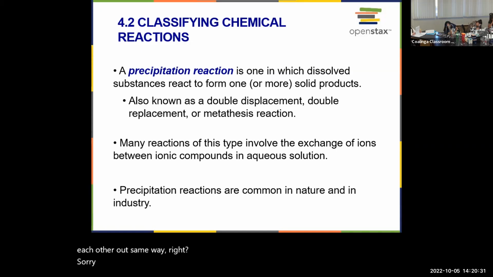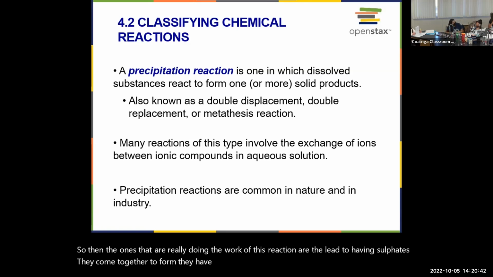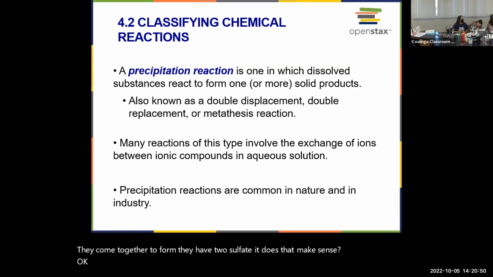Okay, so then the ones that are really doing the work of this reaction are the lead II and the sulfate. They come together to form lead II sulfate. That's it. Does that make sense? Okay. Yes, it makes sense. Sorry, next time I'll put it on the board again. Oh, I have to put it on the board again anyway, so.